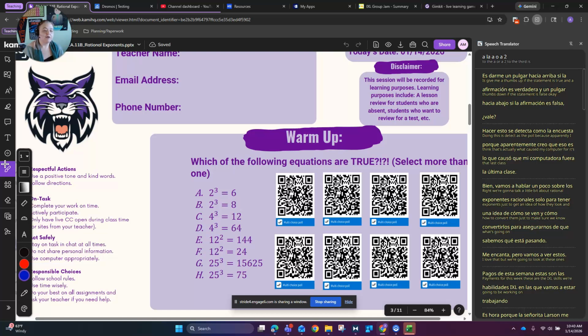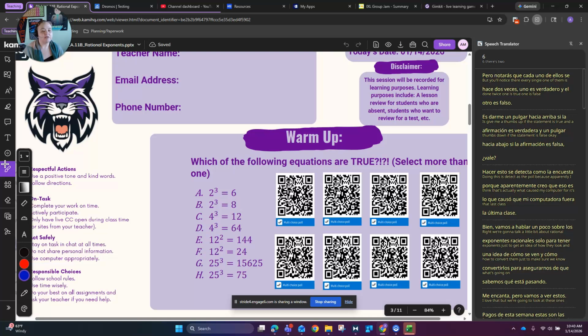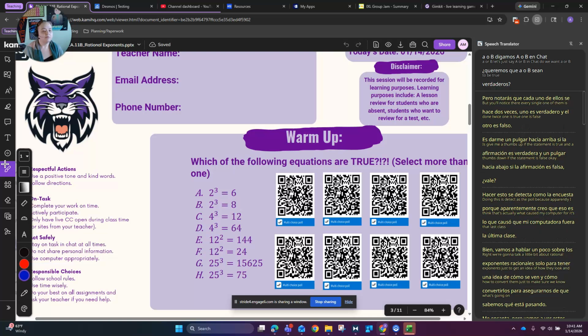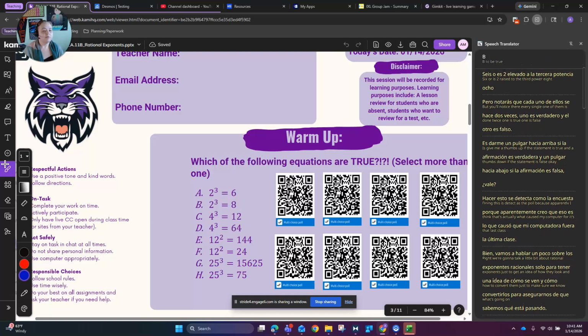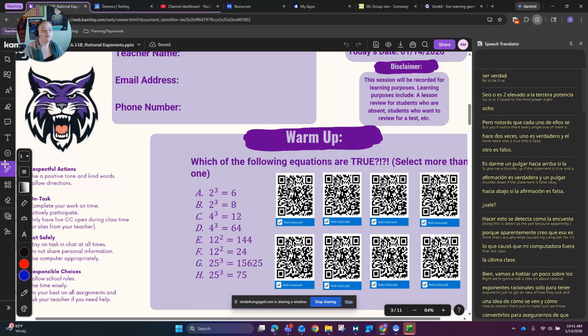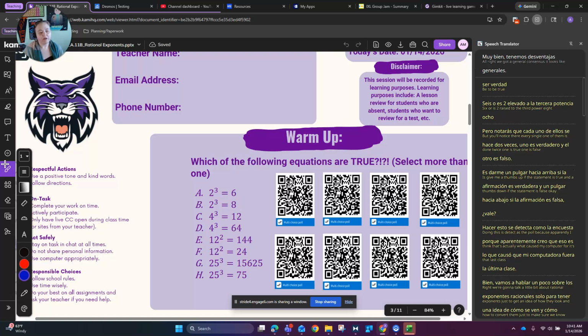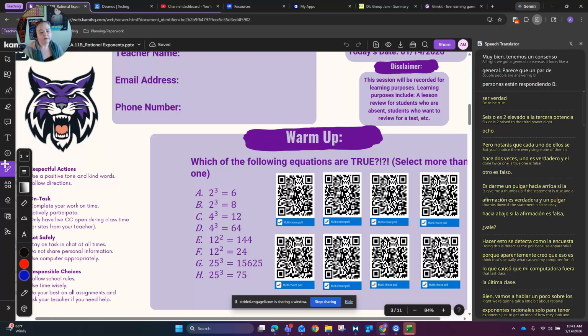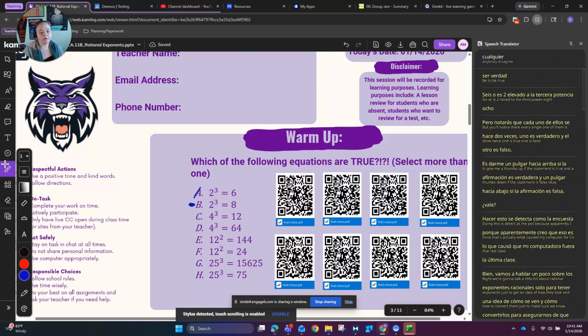Let's just say A or B. In the chat, do we want A or B to be true? All right, we got a general consensus, it looks like. A couple people are answering B. Does anybody disagree?